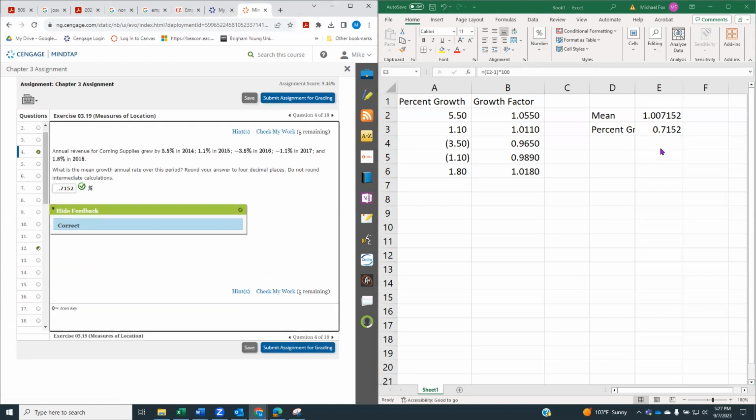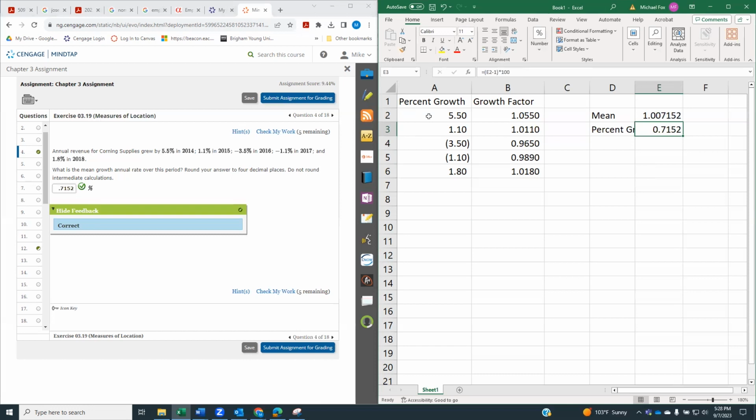And we are. So one of the things that confused me about this problem when I started working it is I first started trying to do this the right way, putting these in as percents. So either instead of putting 5.5, putting 0.055, which is how 5.5% would be written in decimals, or by actually putting these in as percentages.